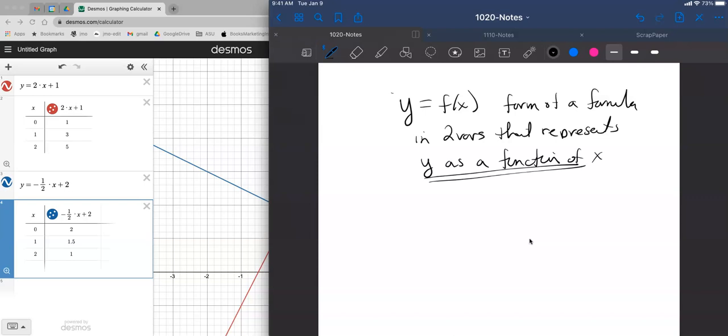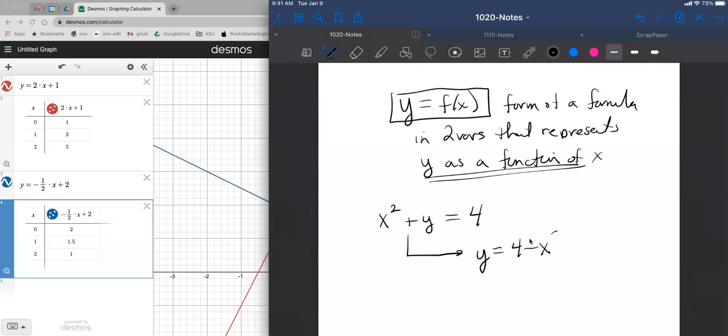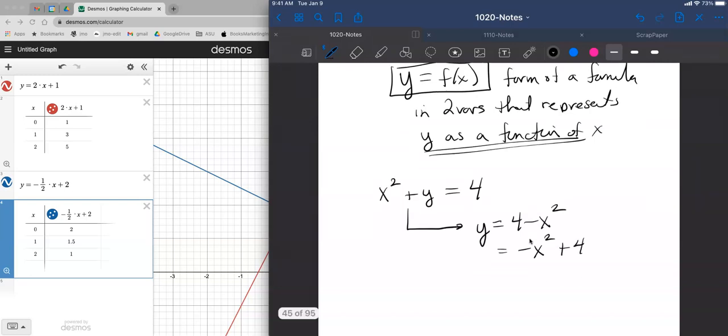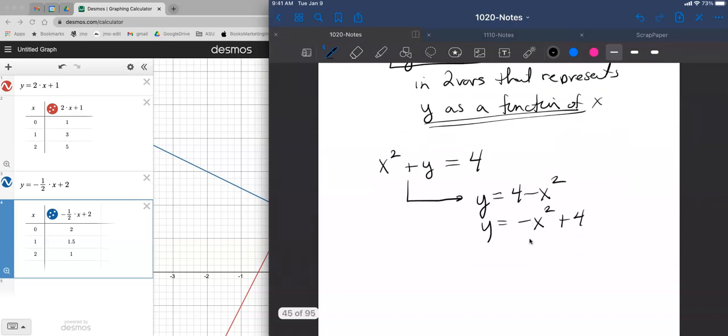And this is the notation. So if you have an equation like x squared plus y equal to 4, it is possible to take this equation and solve it for y, in this case 4 minus x squared. If you prefer to put the x squared first, you can write that as -x squared plus 4, and y is equal to -x squared plus 4.